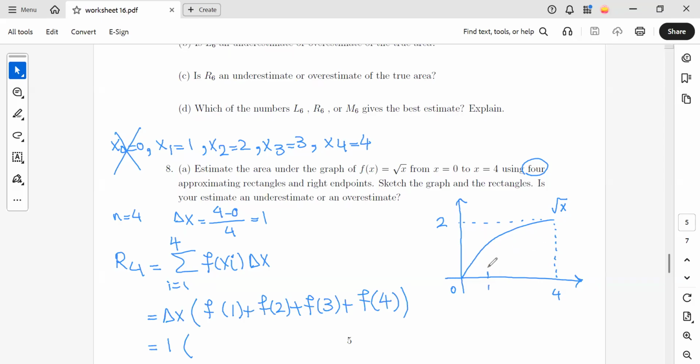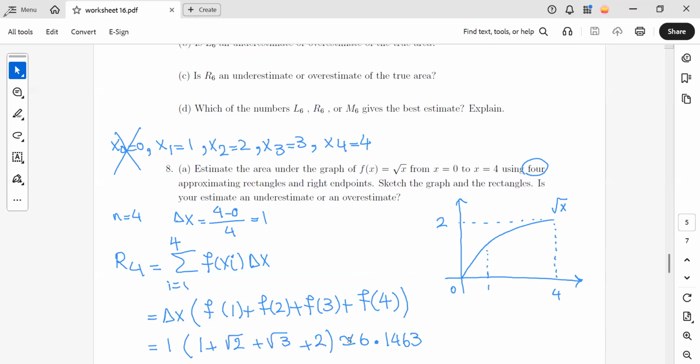Square root of 1 is just 1. Next one is square root of 2, square root of 3, and square root of 4, which is 2. So using a calculator, you would have 6.1463 as an overestimate because it is increasing.